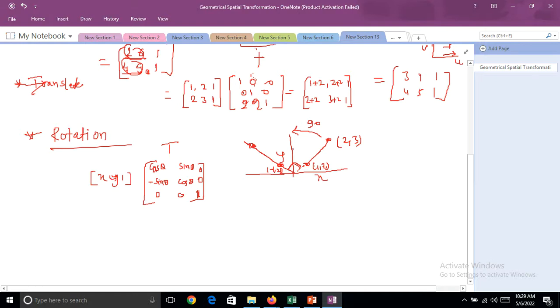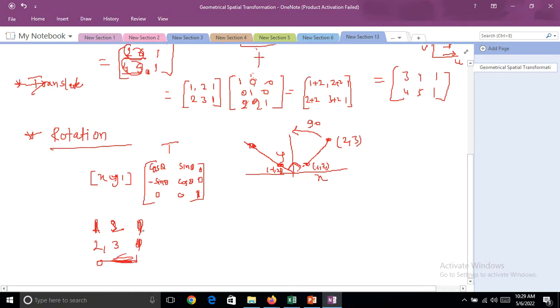So let us try to do for this example. Here we have 1 comma 2, pixel 1. Other pixel is 2 comma 3. Third coordinate you put 1 1.